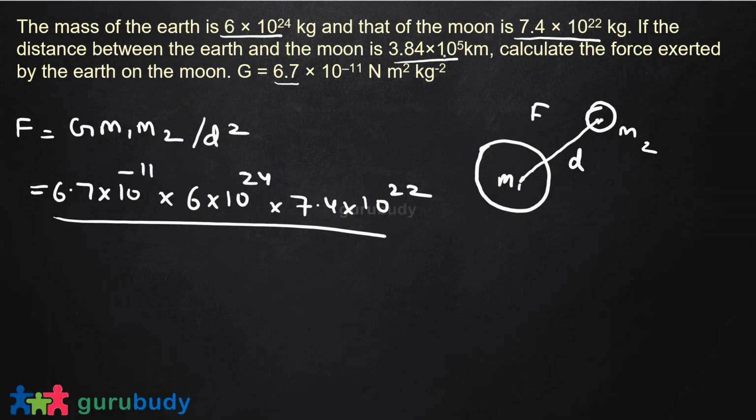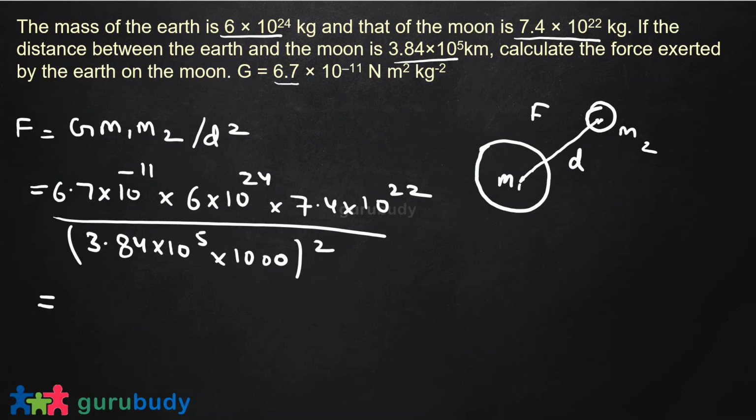Now the unit of separation here is kilometer, and our SI unit, we know, is meter. So we will use the same unit here. I will convert 3.84 into 10 to the power 5, which is in kilometers, by multiplying this by 1000. So now it is in meter, right? Now I need to take a square of this because in the bottom we have the square of the distance. So that would be the value of the force.